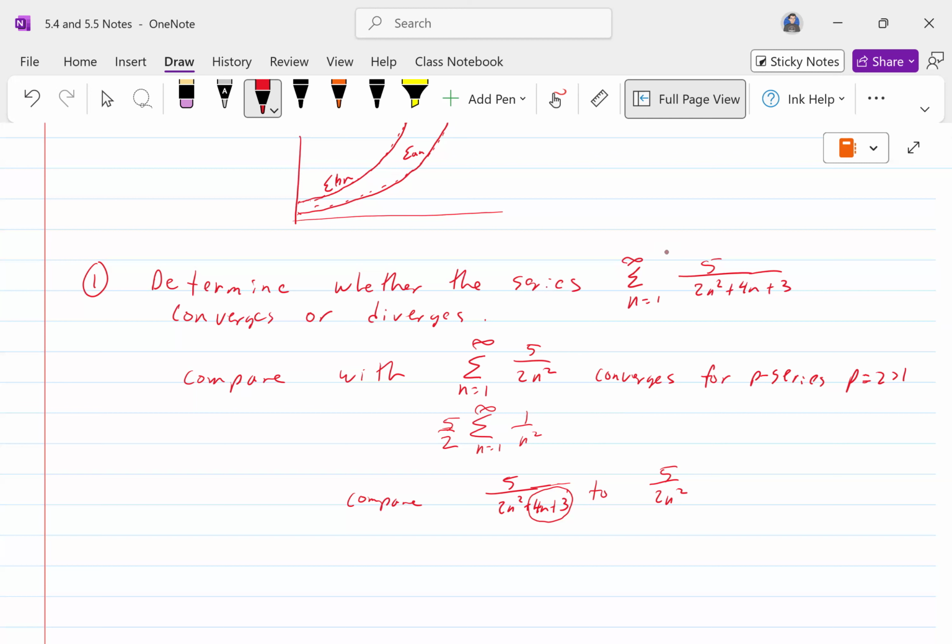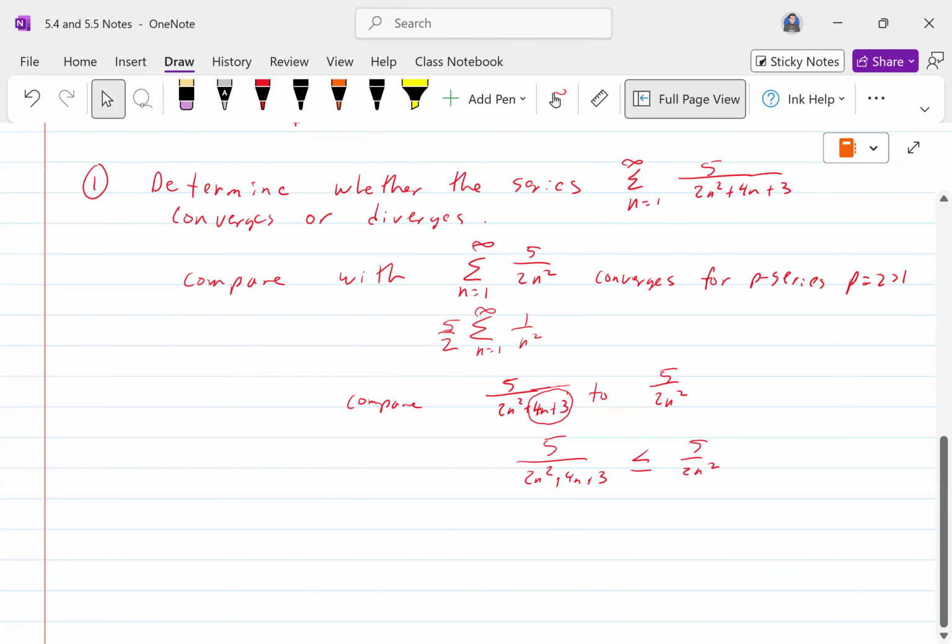Okay, thank you, Jose. Yeah, absolutely. So this is going to say that 5 over 2n squared plus 4n plus 3 is less than or equal to 5 over 2n squared. And I know that the series from n equals 1 to infinity of 5 over 2n squared plus 4n plus 3 is now bounded by a convergent series.